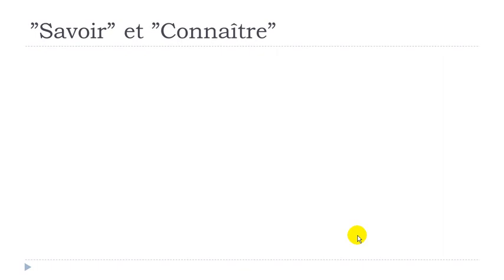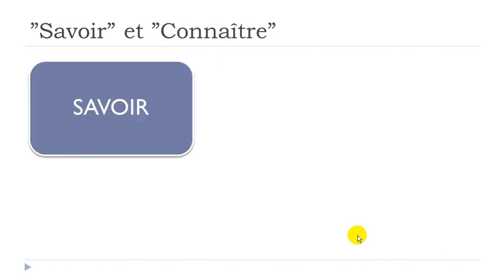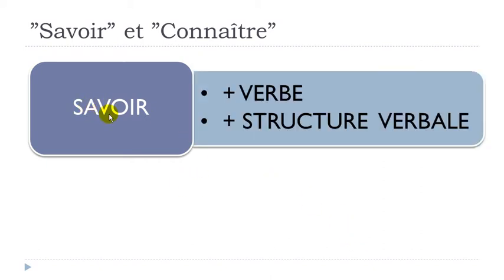What does it mean? It means that you will have two different uses of these verbs. The first one, savoir: the rule is that you will use savoir plus a verb. So after that, if you want to add a verb, then you will have to use savoir. Or if you want to put, as we say, a structure verbale, so it's somehow like a sentence, okay? So if you want to introduce a sentence after to know, then that's savoir that you will have to use.